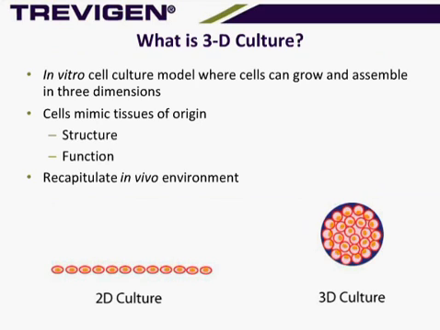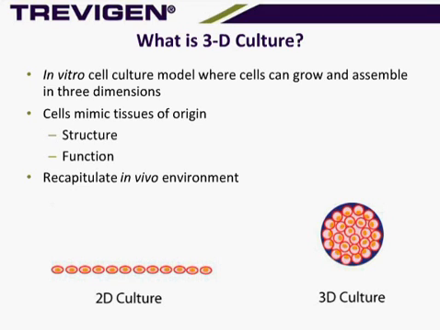We're getting ready to talk about spheroids and about 3D culture, so it's good to first establish what 3D culture is. Basically, 3D cultures are in vitro cell culture models where cells can grow and assemble in three dimensions.